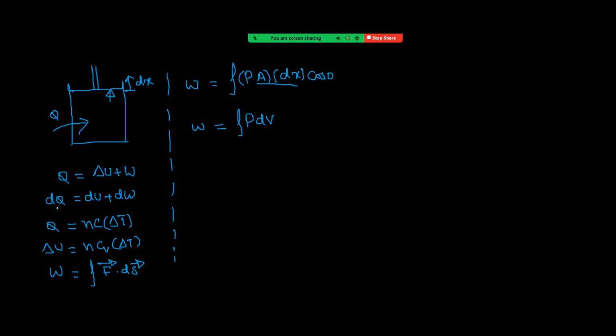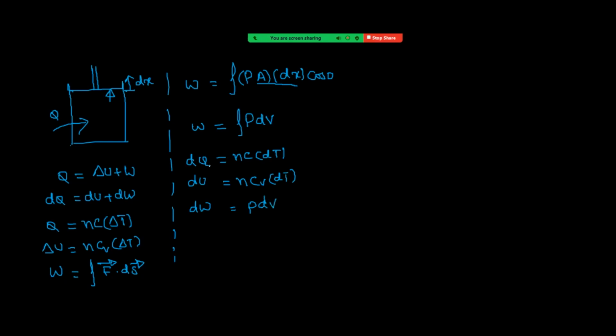Coming to dq: this is known as the differential form. So dq means n c dT, a small change in temperature. dU is n Cv dT. And dW is P dV.